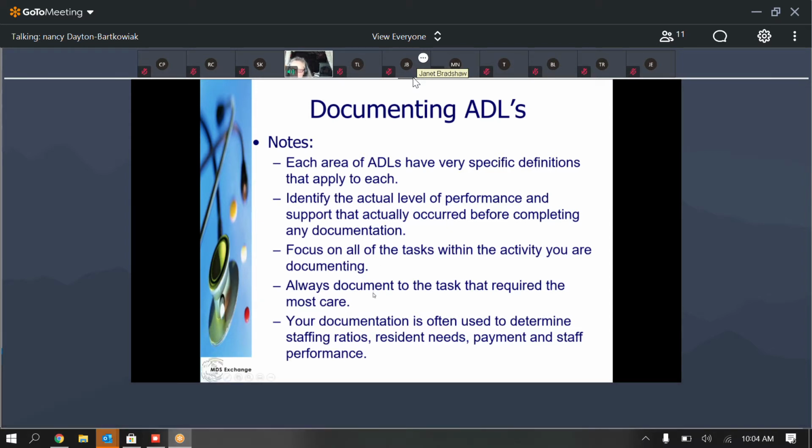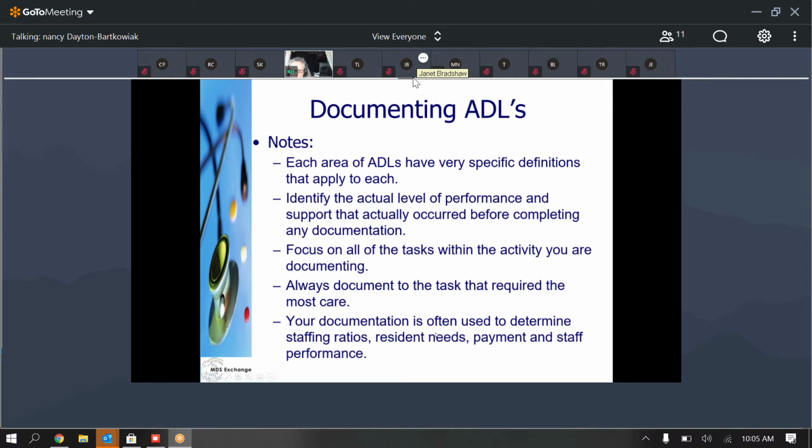Always document to the task that required the most care. That is nothing new. We always want to document to the highest level of care that we are providing so that we're taking credit for the hard work that you all do. Your documentation is often used to determine staffing ratios, residents' need, payment, and staff performance.